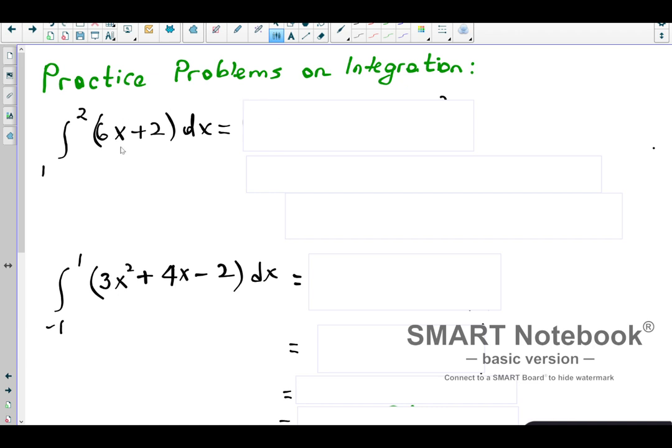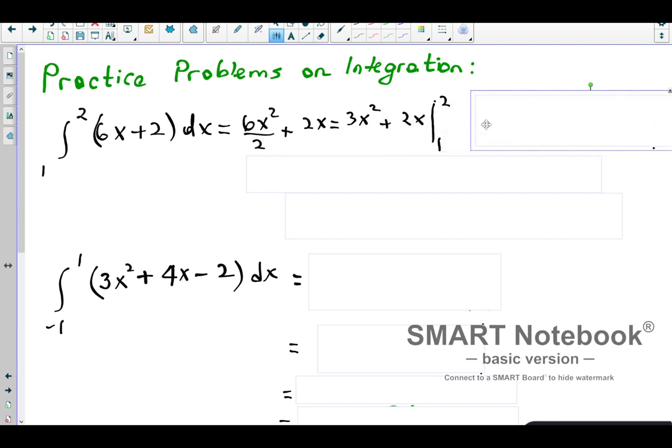So we're going to take the antiderivative of 6x, which is 6x squared over 2, and the antiderivative of 2, which is 2x. Plug in the limits from 1 to 2, but I'm going to do that in a moment. First, let me simplify 6 over 2 here as 3x squared plus 2x, and the limits of integration are from 1 to 2. So at this point, now that we have the antiderivative, let's just plug in the limits. Plug in the upper limit of 2 for x.